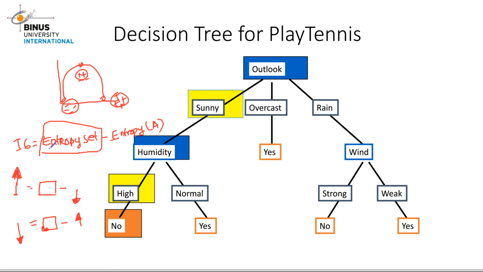So basically, the decision tree wants the highest information gain, which means it wants the most homogeneous data, or lower entropy.